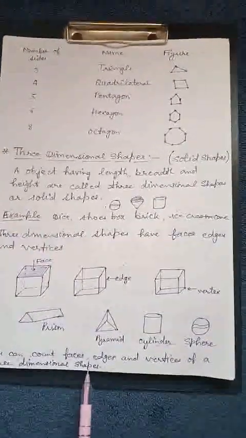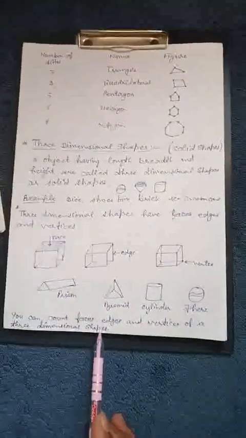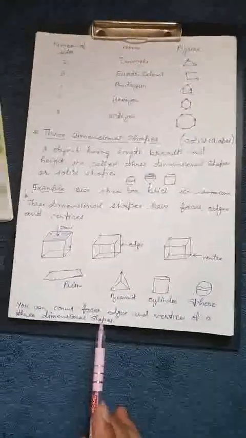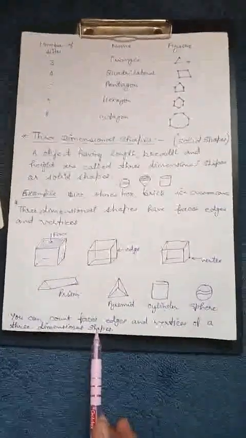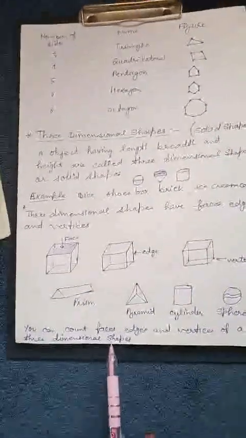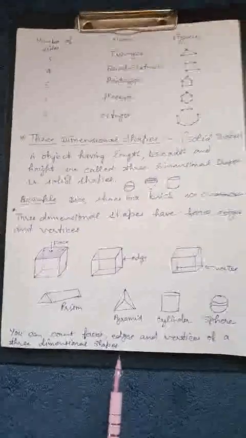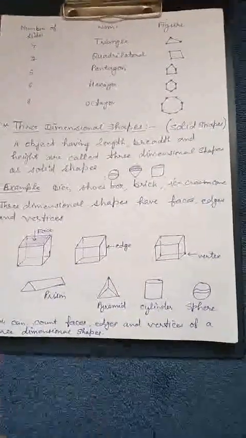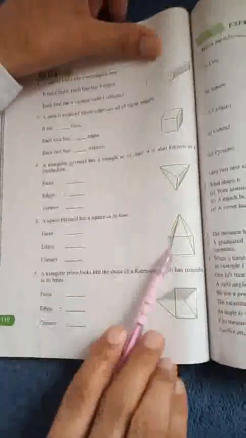Now in your textbook at page number 110 of NCERT book for 6th class, you can count and fill the number of faces, edges and vertices of these given solids in the blanks given here.